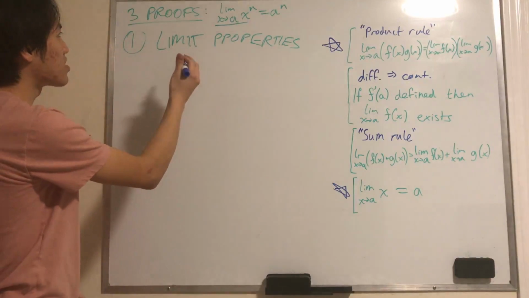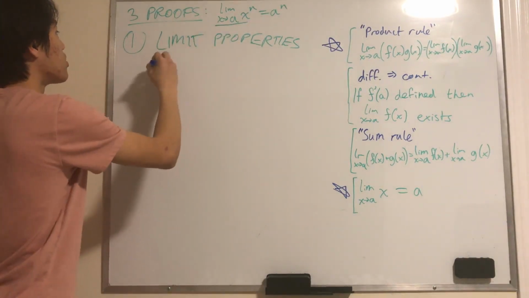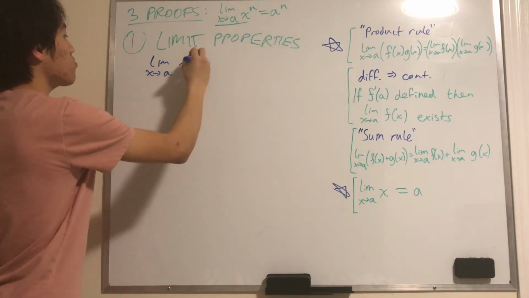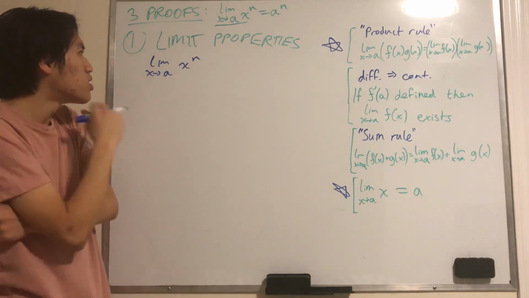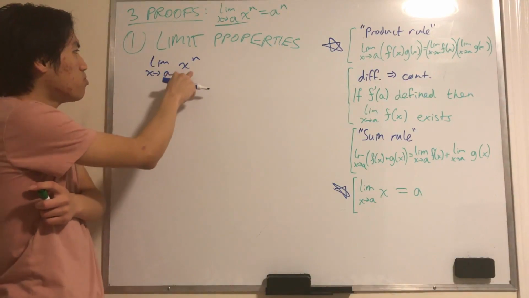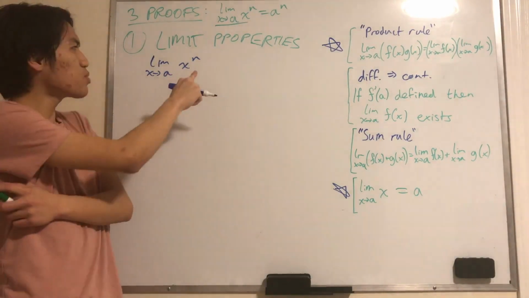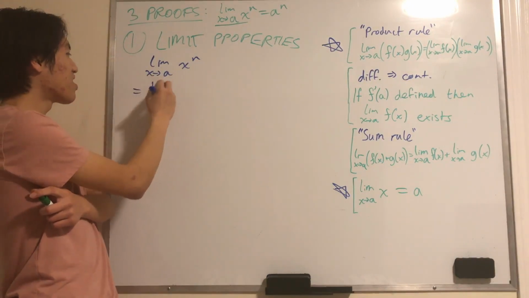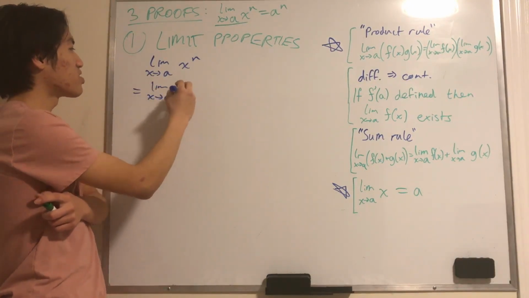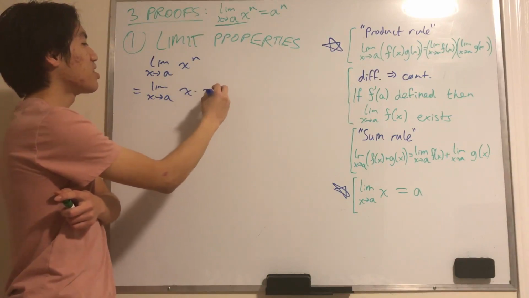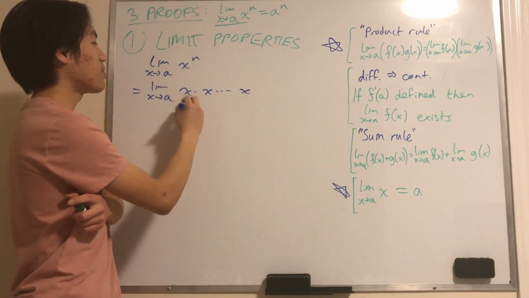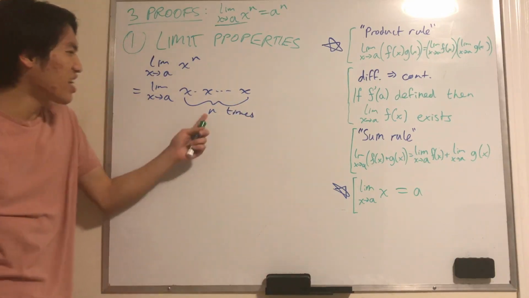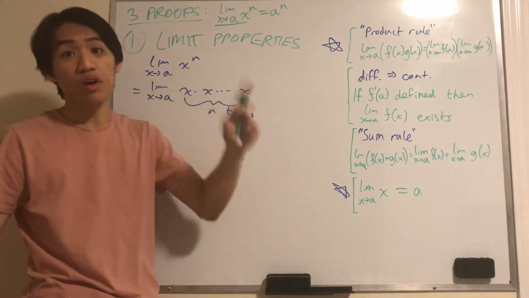So number 1, let's get started. This is what we want to show. Let's start with the left-hand side. Okay, what to do now? Well, exponentiation is just repeated multiplication, so let's do that. And maybe we get somewhere. So this is x times x a bunch of times, exactly n times. And this is very nice because now we can take advantage of the product rule.